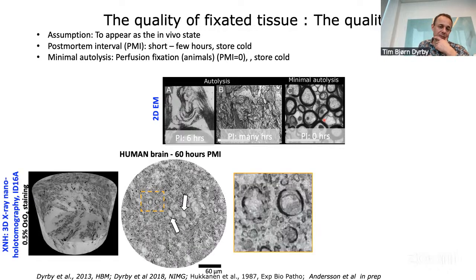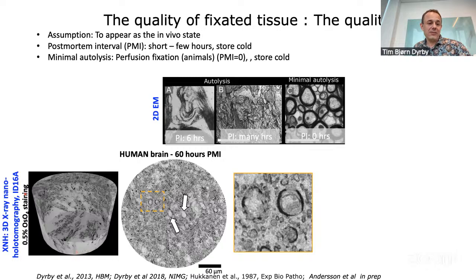So one thing about this with the human is that you always somehow, when you do a larger sample, will have this post-mortem interval. This is an example of what we have been doing on synchrotron. This is a larger sample taken from a biopsy of a human brain that has been stored for many years. In the report, they wrote that the post-mortem interval was 60 hours. So this is not an unusual brain you investigate for human experiments.